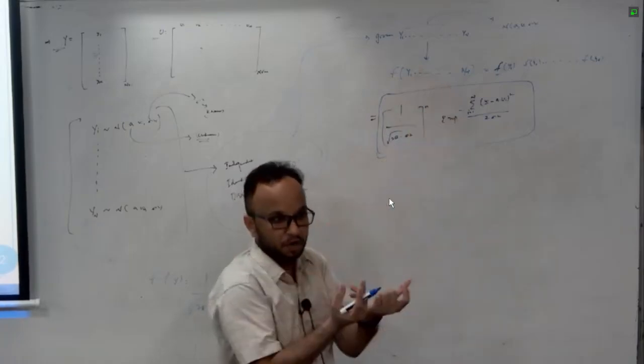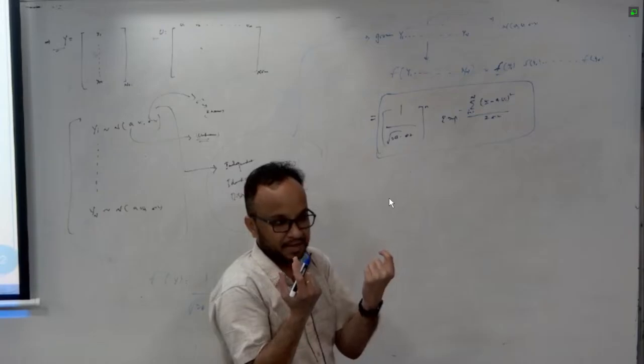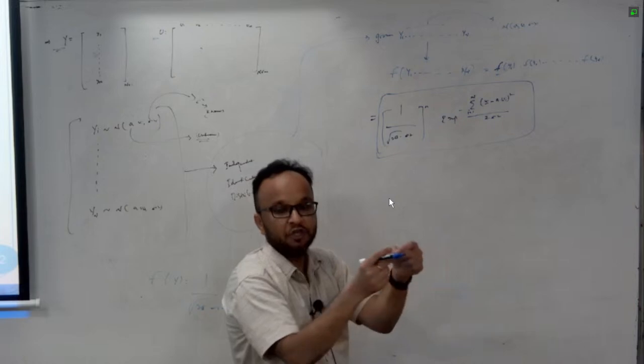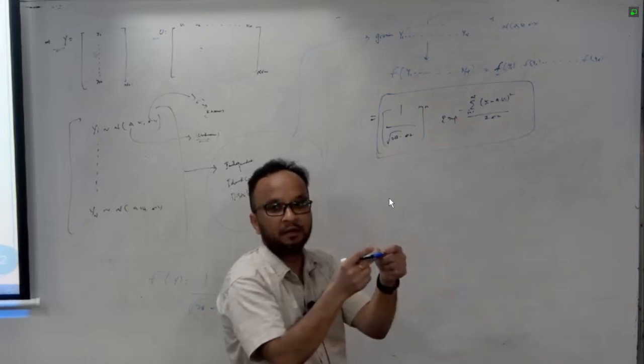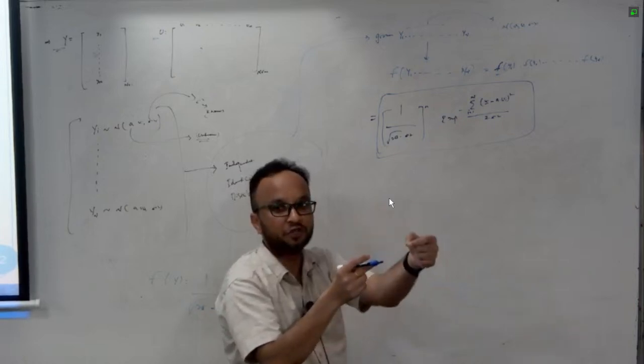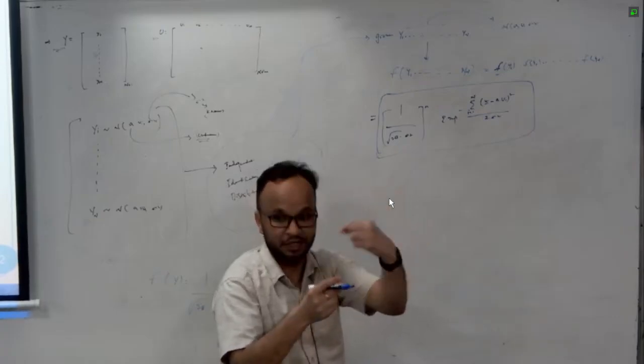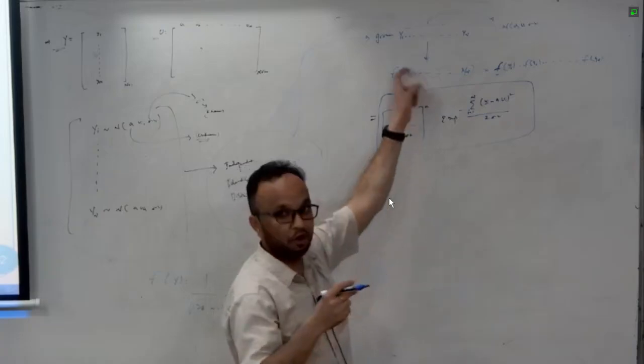I have a model and I'm predicting some samples. I'm saying that these samples are coming from this density function. So what should the probability be? Probability of the sample belonging to this density function should be low or high? It should be very high, because you are saying that these samples belong to this density function.